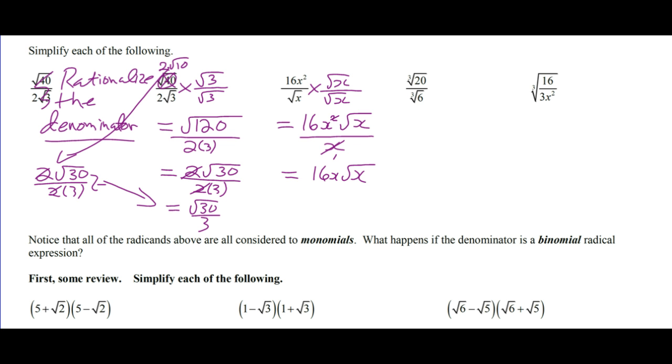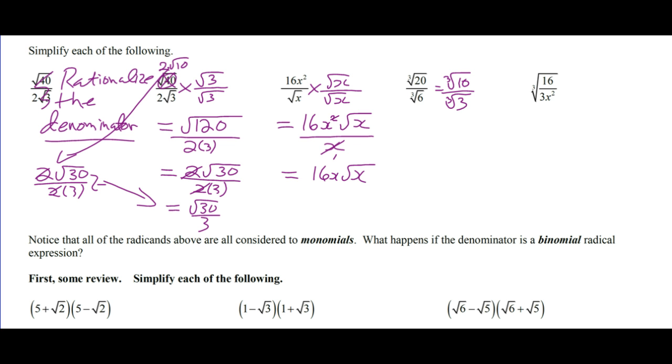Cube root 20 over cube root 6. Now we can reduce that, right? Because 2 goes into both. So we could rewrite this as cube root 10 over cube root 3. Okay, now what are we going to multiply by?